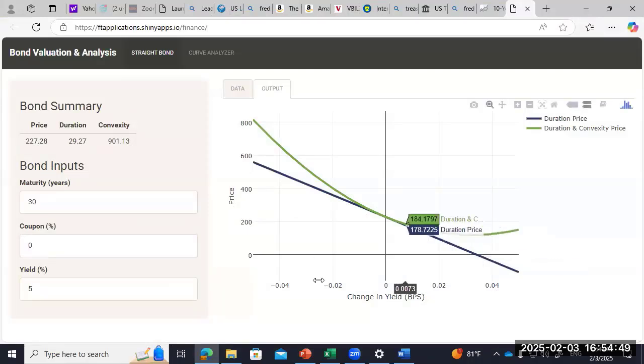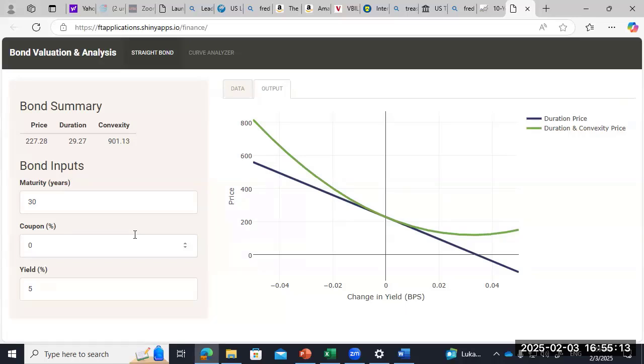And if interest rates move between 200 basis points plus or minus, duration does a pretty good job at getting the price of that bond. The green line is what the bond price actually does. The blue line is what duration says. So if interest rates move 100 basis points, you can see the green and blue are right on top of each other. There's almost no difference.